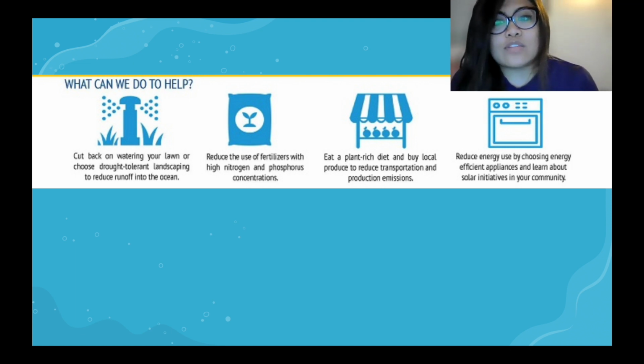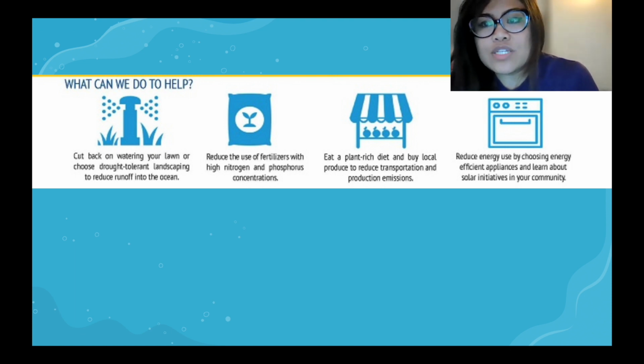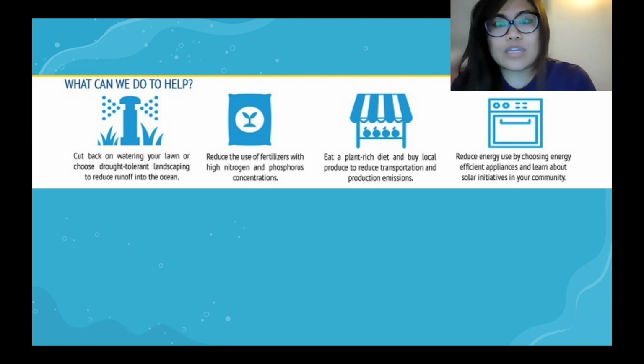They use a lot of fertilizer, and also have to transport those animals and use a lot of energy in order to produce all of the meat that we eat. Also reduce energy by choosing energy efficient appliances, and learn more about solar initiatives in your community.